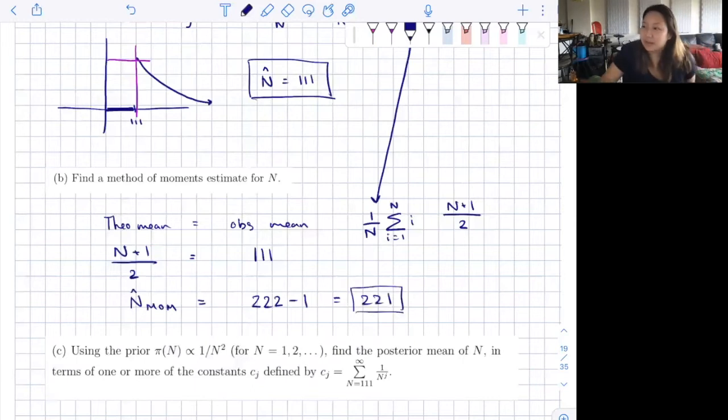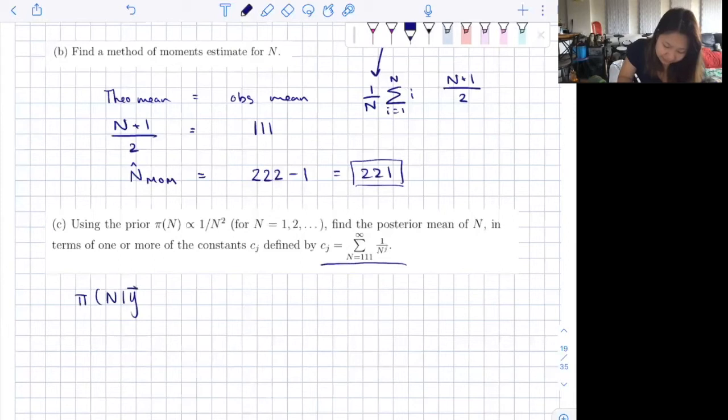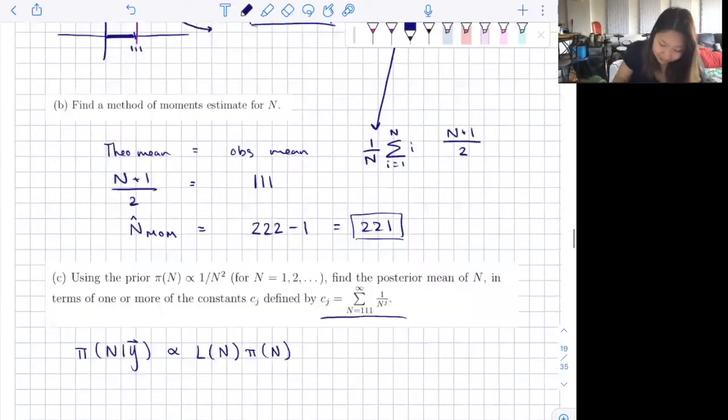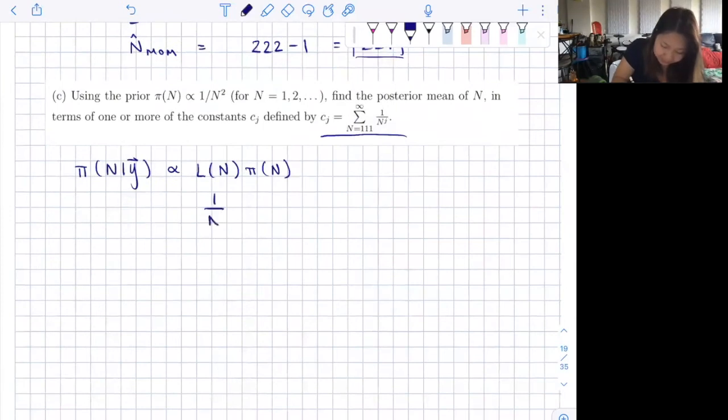And then finally, using the prior proportional to 1 over N squared, find the posterior mean of N in terms of one or more of the constants defined like this. So we have the posterior of N given the data is proportional to the likelihood times the prior. The likelihood we have up here is 1 over N, and also the indicator that N is greater than or equal to 111.